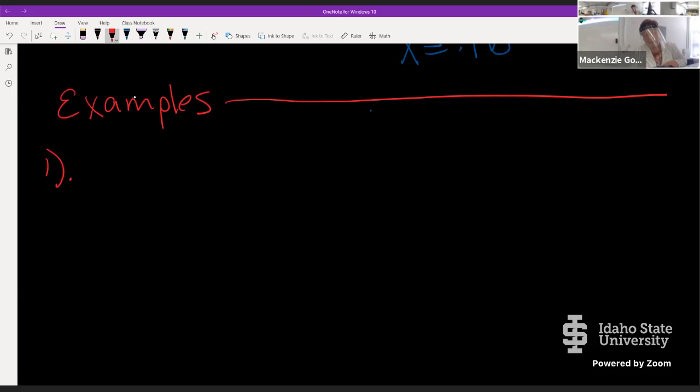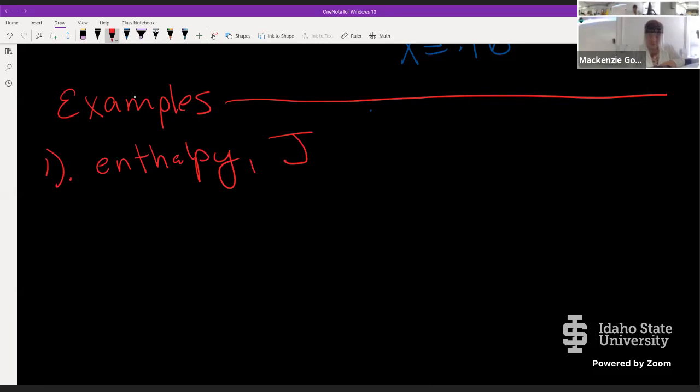You have a problem that asks you to calculate enthalpy, right? Which is essentially talking about energy, right? So it's going to be in joules.